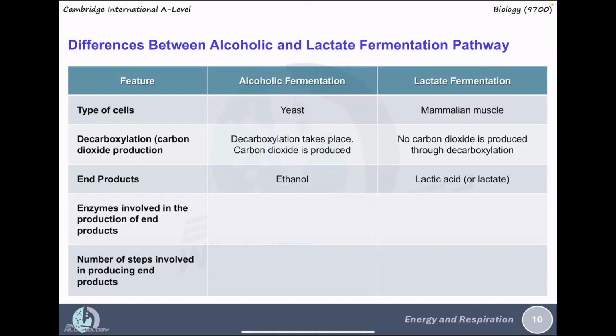The enzyme involved in the production of the end product in alcoholic fermentation is ethanol dehydrogenase, where ethanal is reduced to form ethanol. However, in the lactic fermentation pathway, pyruvate is reduced directly to form lactic acid by lactate dehydrogenase. So alcoholic fermentation is a two-step pathway, whereas lactic fermentation is a single-step process.